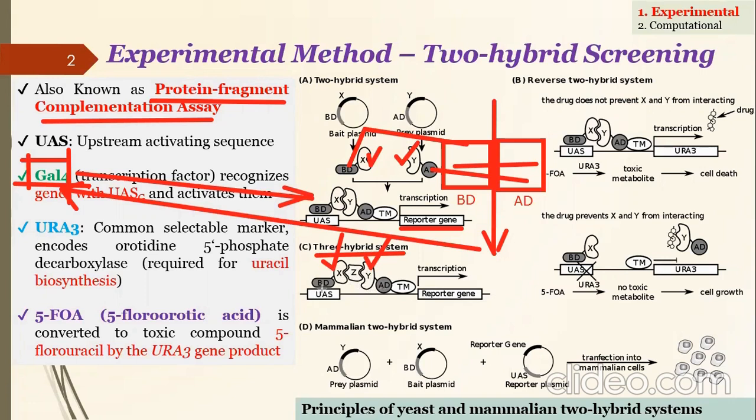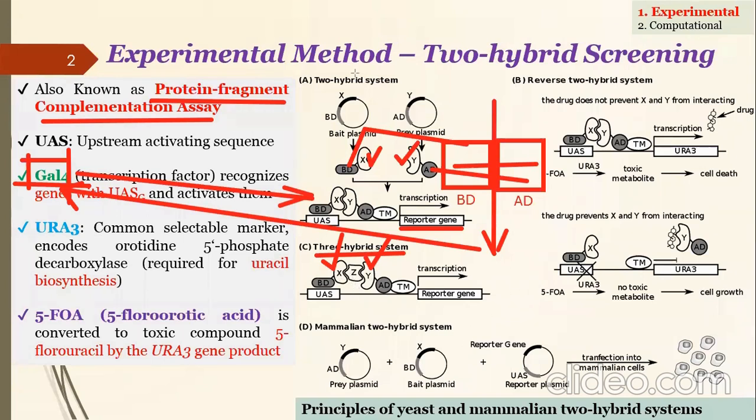The activating domain and binding domain constitute GAL4, and GAL4 will recognize UAS and activate transcription. The reporter gene will be transcribed and give a signal, and from that we can determine that these three proteins interact with each other.